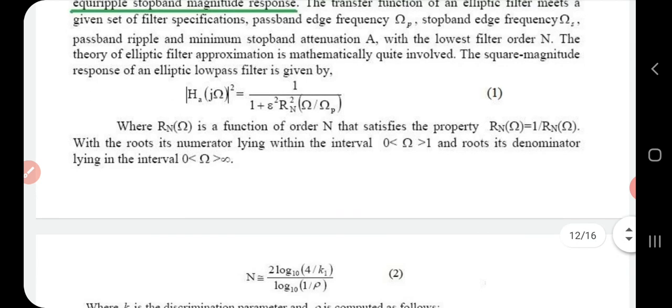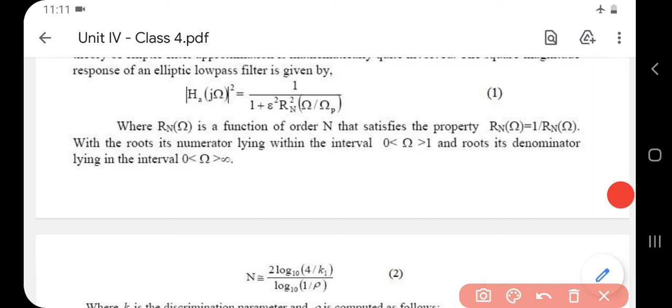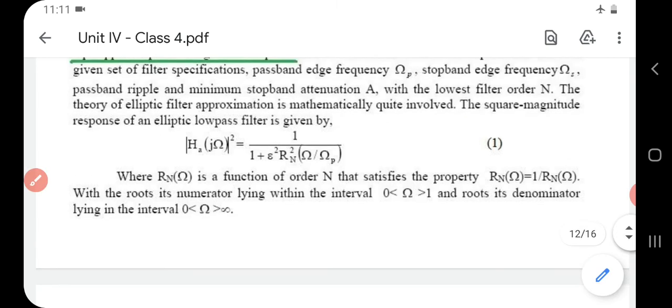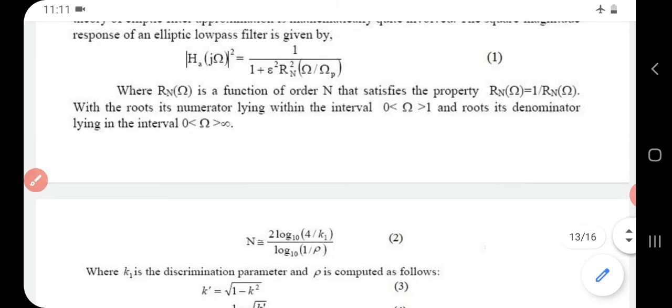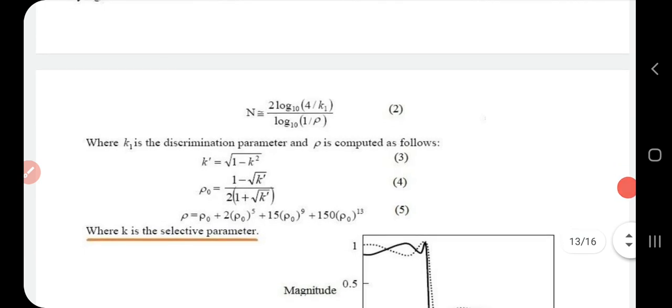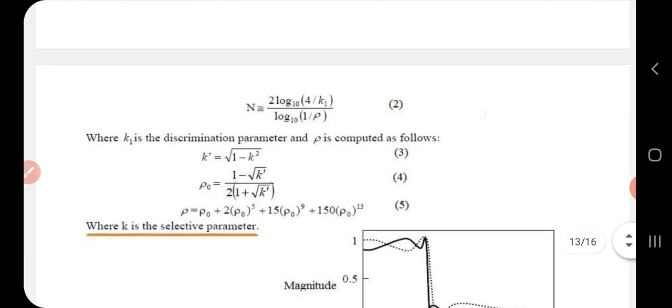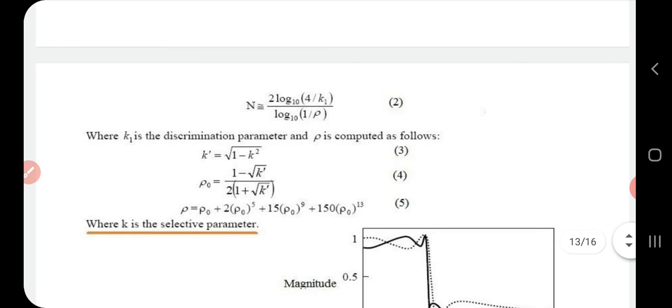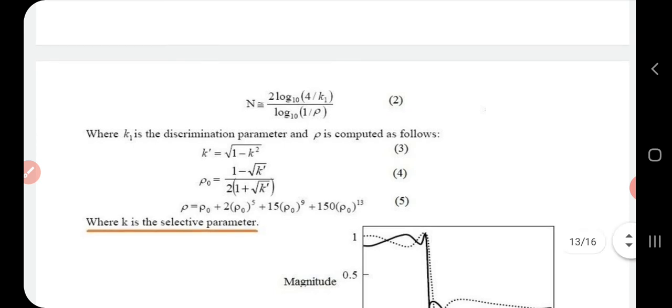So while designing an elliptic filter, you have to study the expression for this square magnitude response. Now another expression, for the order of the filter, capital N, is given by this. Here, as already mentioned, K is the selective parameter and K dash is the discrimination parameter.